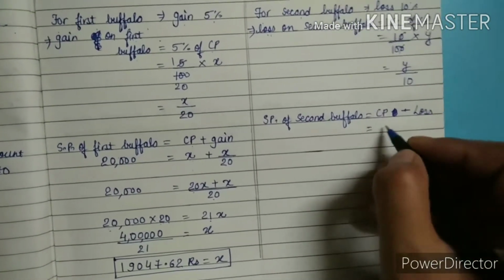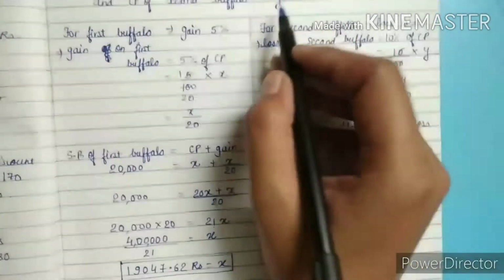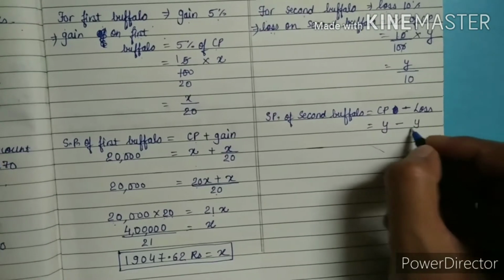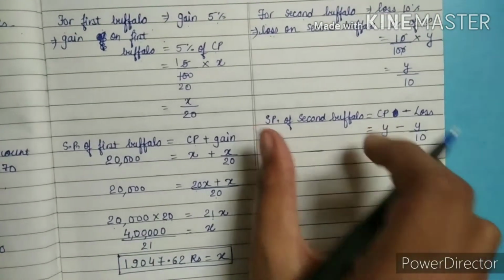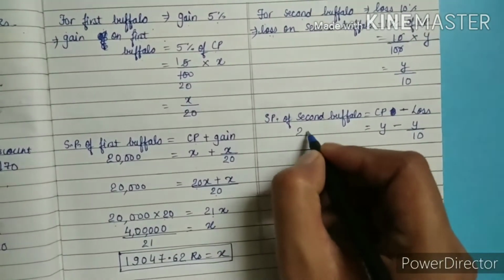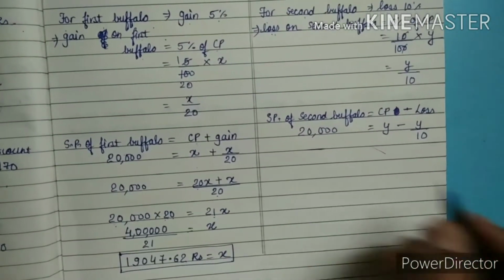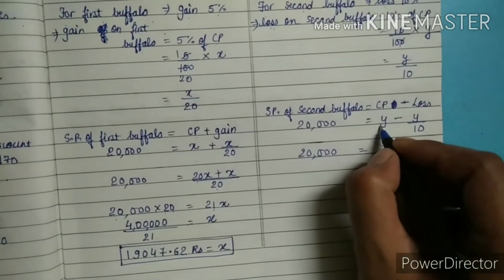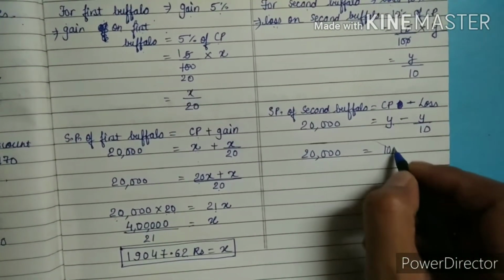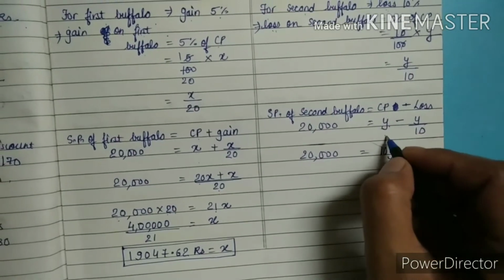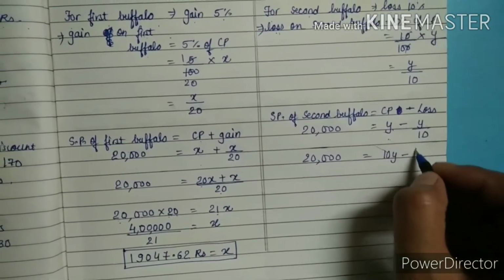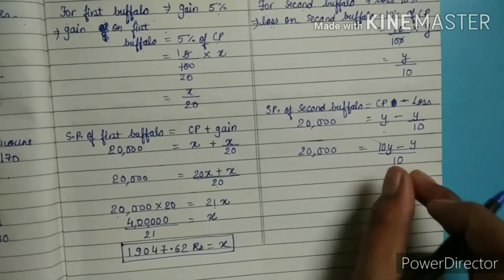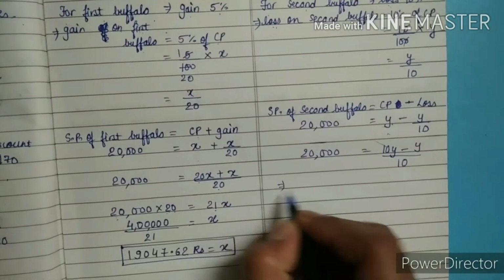The cost price that we supposed previously as y, and the loss we took as y by 10. And the selling price of the second buffalo is also 20,000. 10 will go here in the multiplication. 10 into y is 10y. Below the y we have 1. 1 into y is y, and divided by 10.